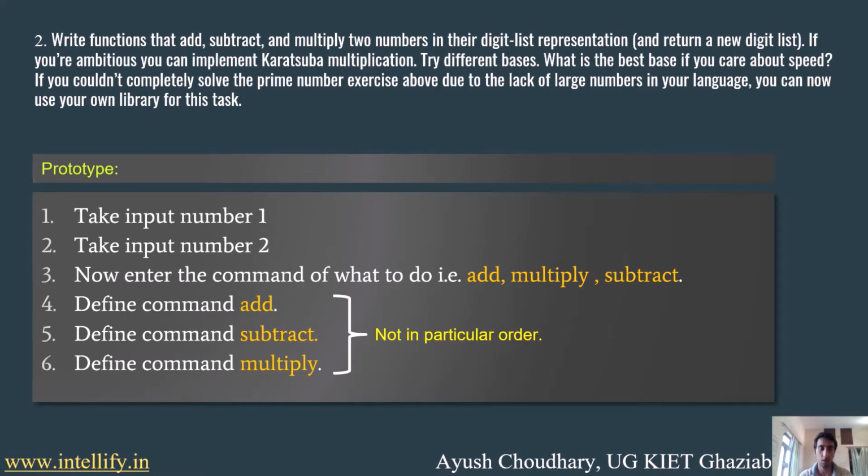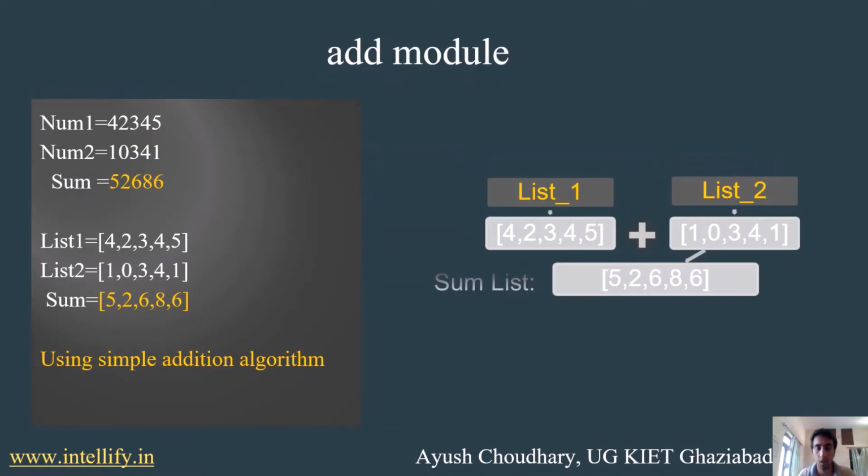The prototype of our program: we take the first input, then the second input, then we supply a command, whether we have to do addition, multiplication or subtraction. We will define all three commands, and whatever the command is, it will go to that particular command and execute the result.